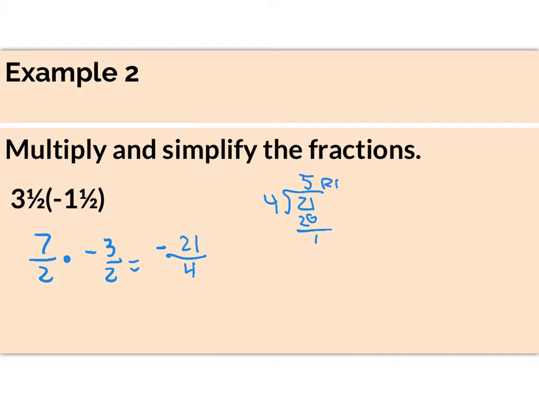So our final answer is negative 5. The remainder goes on the top, and the divisor goes down the bottom. Negative 5 1/4. That's how you multiply these two fractions.